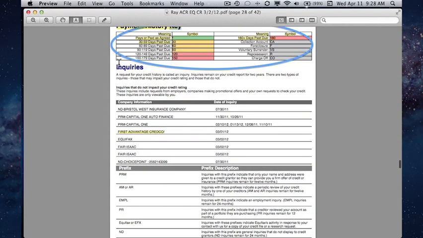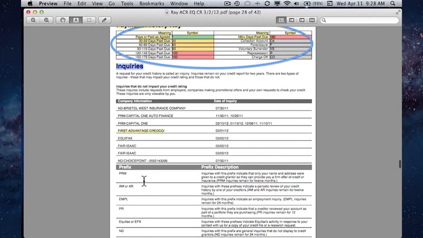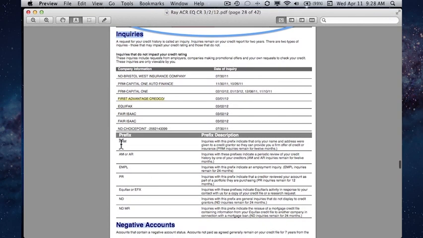Now, we're going to take a look here at inquiries. Now, notice down here, there's prefixes. A PRM is basically an inquiry that is for marketing purposes. An AM or an AR is an account review. So it's a current creditor who's just reviewing your account. We call those soft pulls.